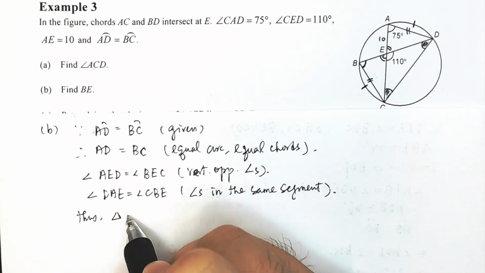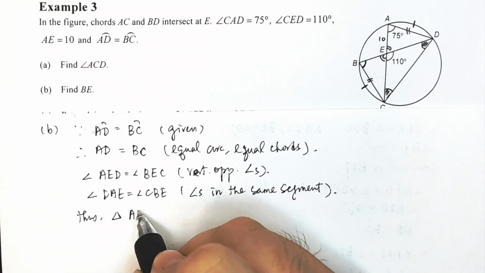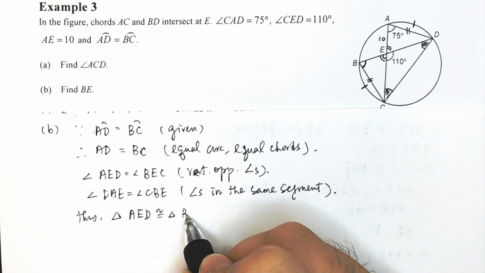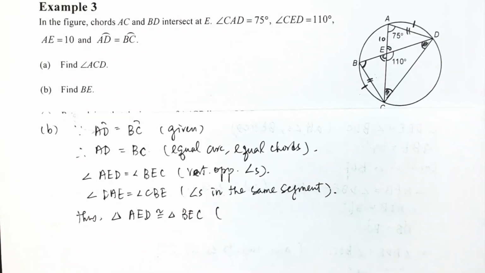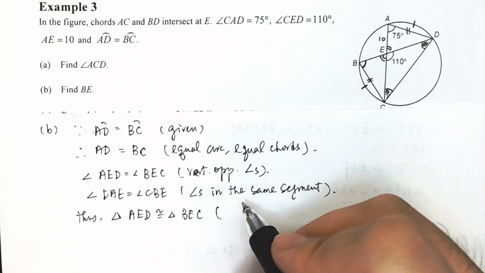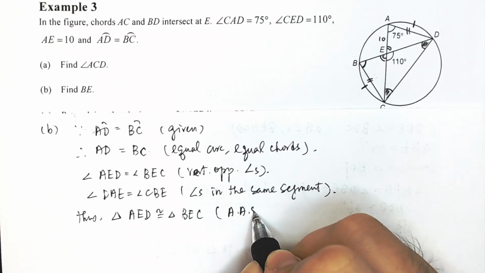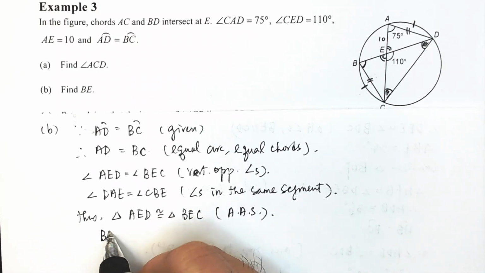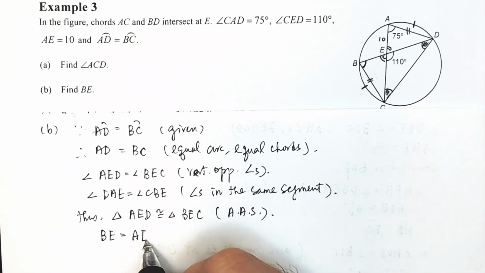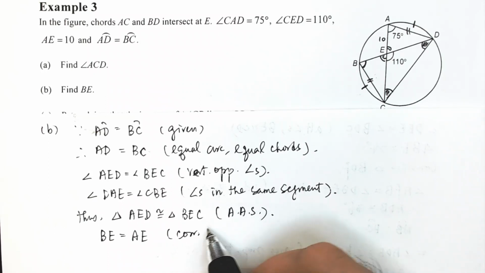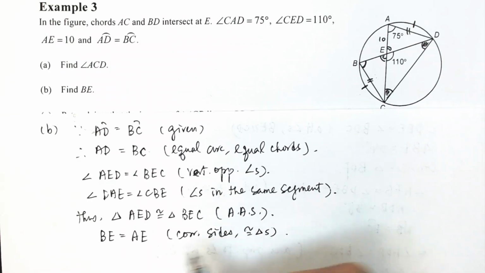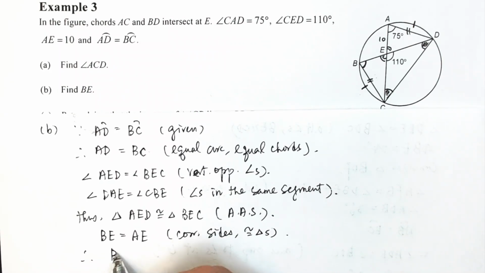And thus we have triangle AED is congruent to triangle BEC, and the reference is AAS, and thus BE is equal to AE, which is the corresponding sides of congruent triangles, and thus BE is indeed 10.